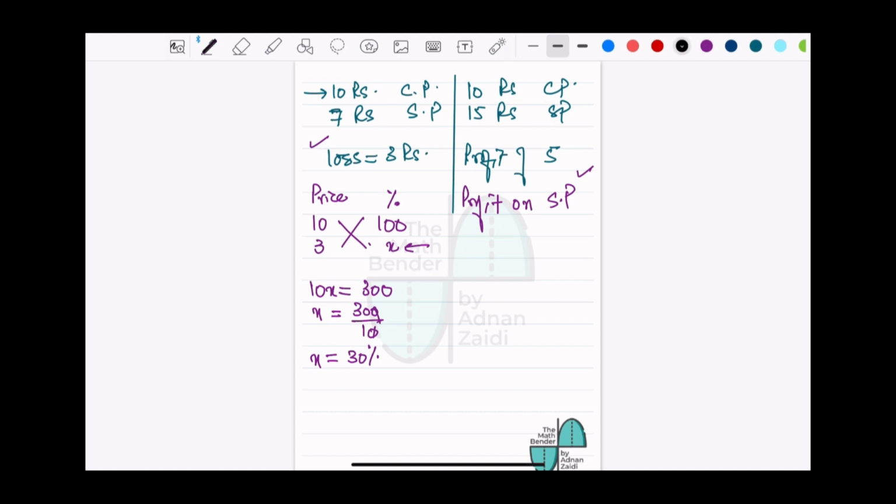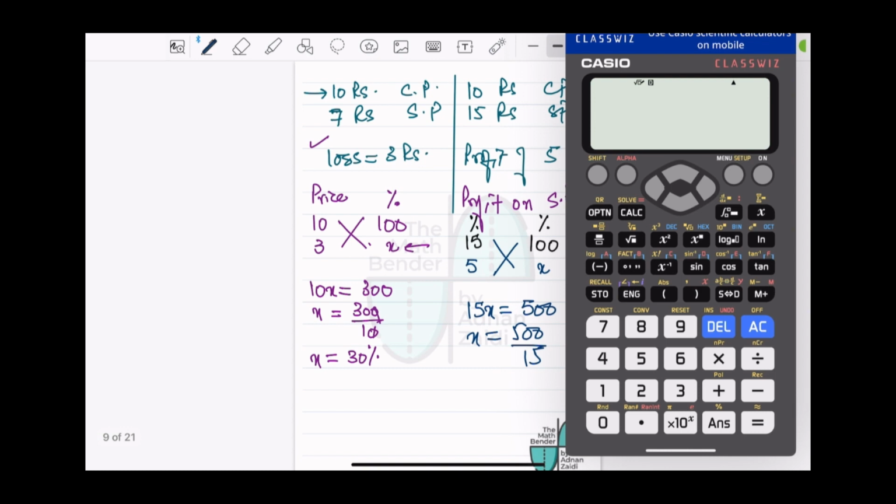So my selling price is 15 now, which in percentages is 100%. So I'm writing percentage here. And the profit which I am having is 5 rupees, which is x. So 15x equals 500, and x equals 500 over 15, and you can find that as 33%.